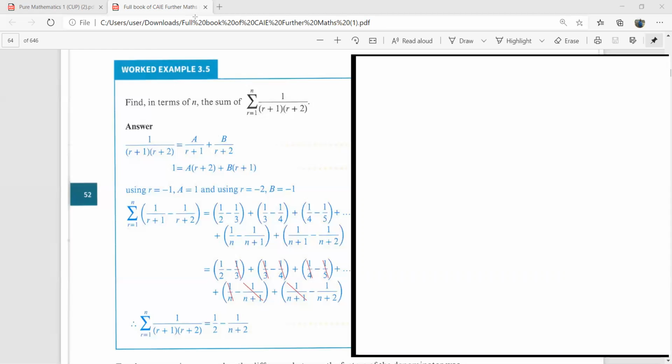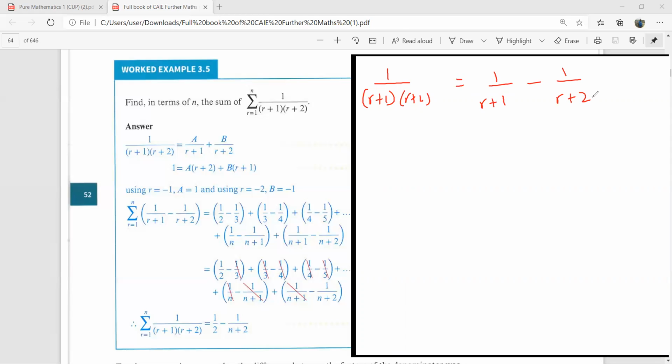So this expression, which was initially 1 over (r plus 1)(r plus 2), has now become 1 over r plus 1 minus 1 over r plus 2.